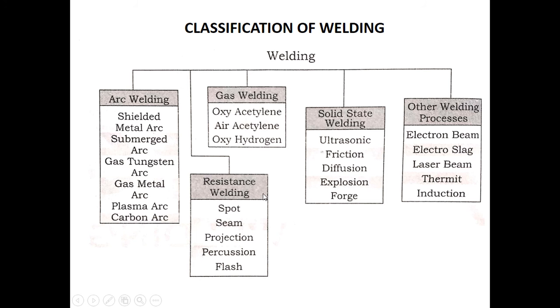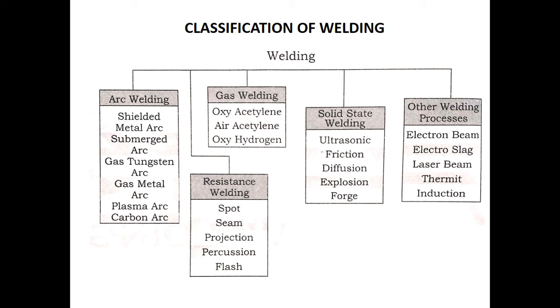So let's classify the major groups of welding processes. First of all, let's broadly classify the welding processes into two important categories called fusion welding and solid state welding processes.